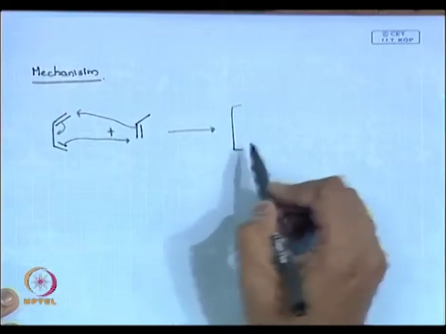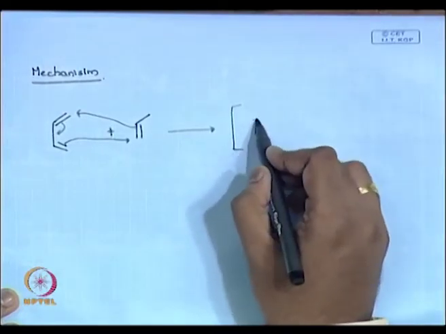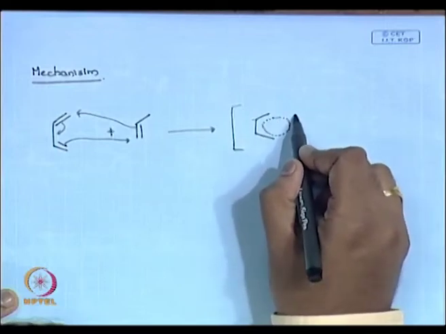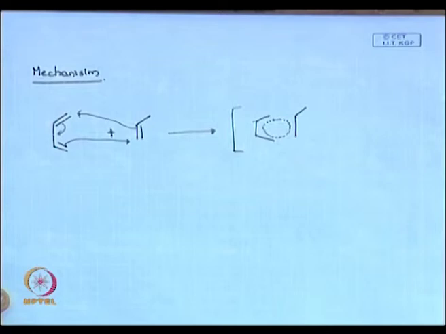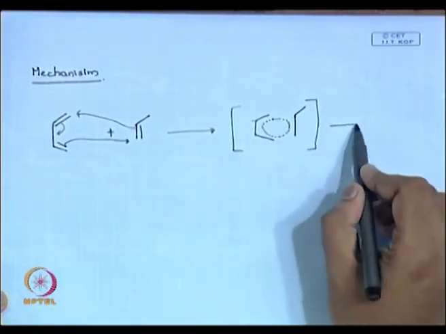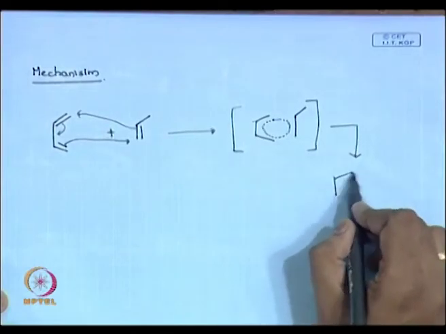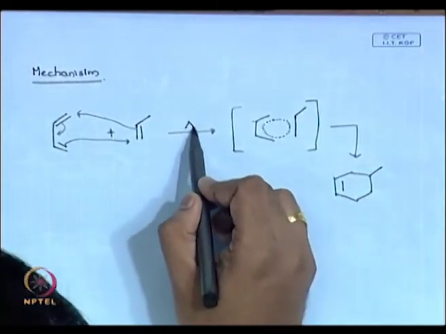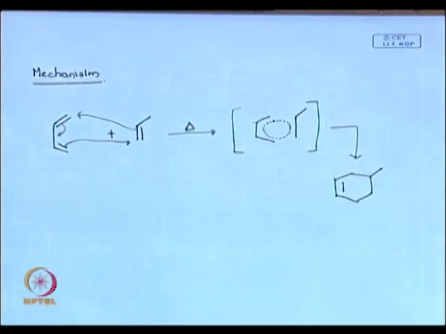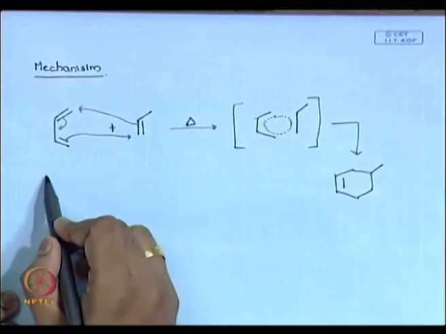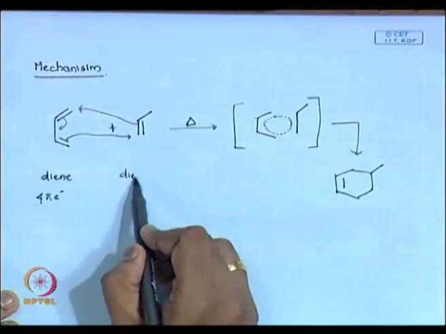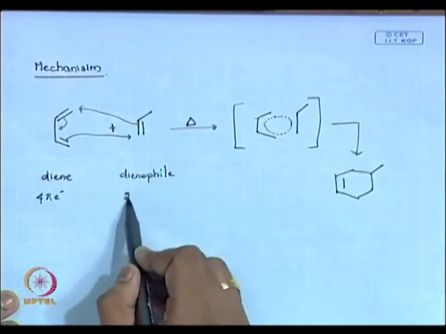If you want to write the transition state, it goes through a very concerted transition state, and this reaction goes very nicely on heating. So the substrates here are the diene, which carries a 4 pi electron system, and the dienophile, which carries a 2 pi electron system.